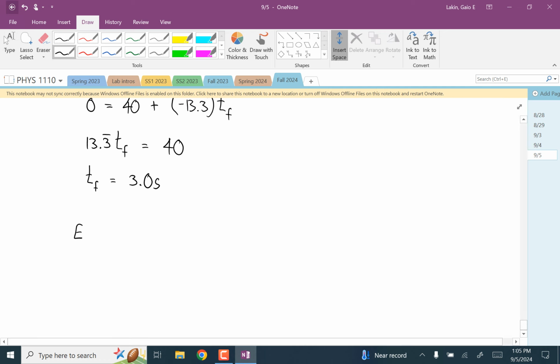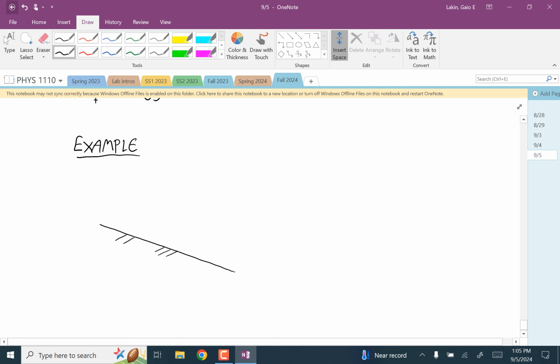Okay, so let's say that we have a ball rolling down a ramp. And let's say that at this location A, it has a speed of 2 meters per second. And then at this point B, it has a speed of 5 meters per second.